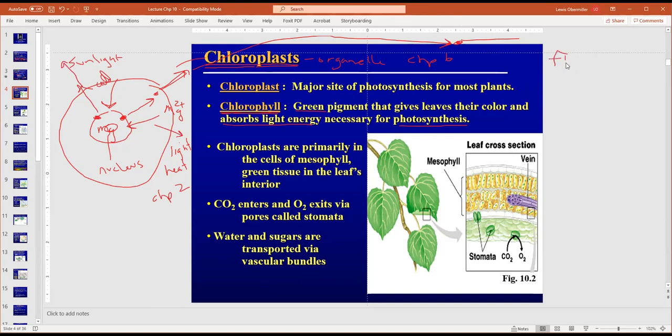And what do we call flowing electrons? We learned about this in the very last chapter, chapter 9. What's that called? You use it every day to charge your cell phone.